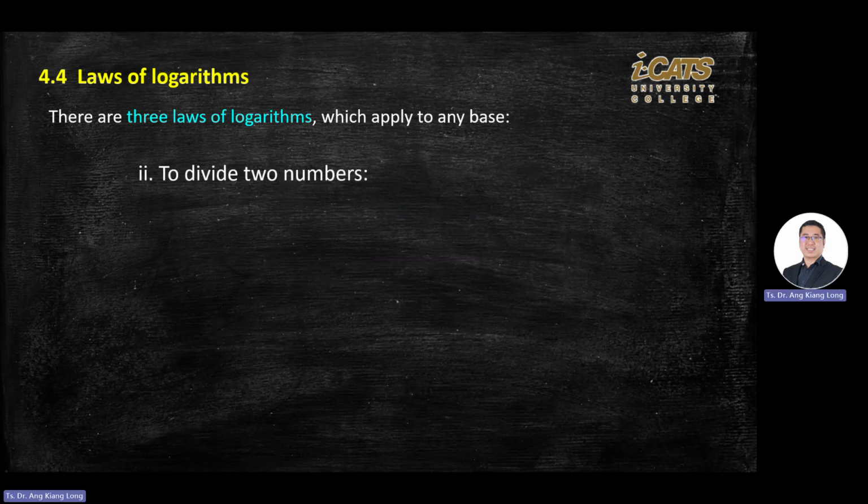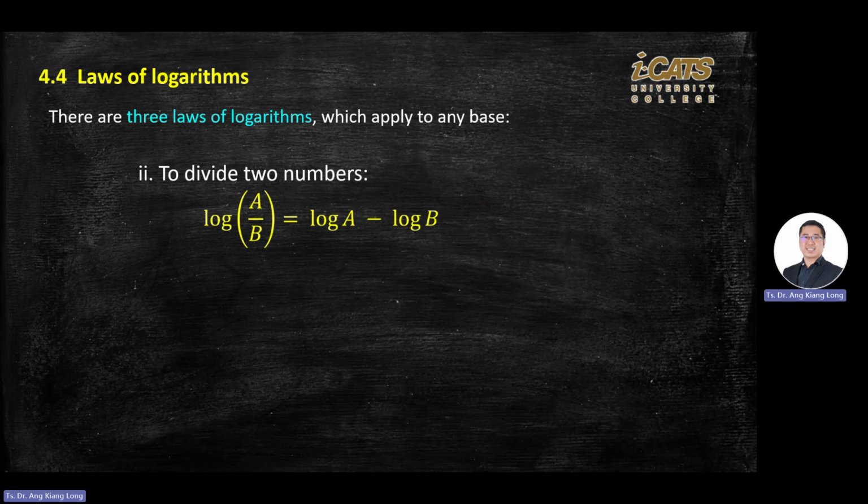Second law: when you divide the parameter in the bracket of the log, for example log bracket A divided by B, you should start with log A minus log B, and not log B minus log A. This will be the careless mistake part. Some of you are confused, so be careful on this part.